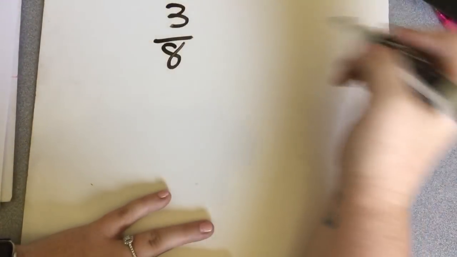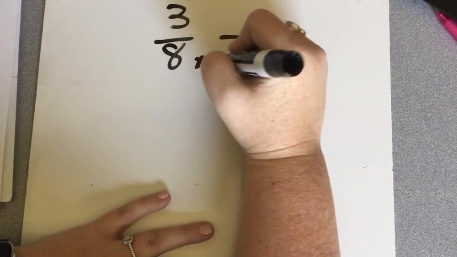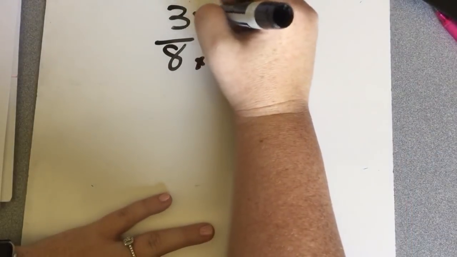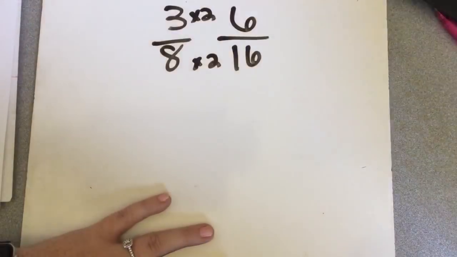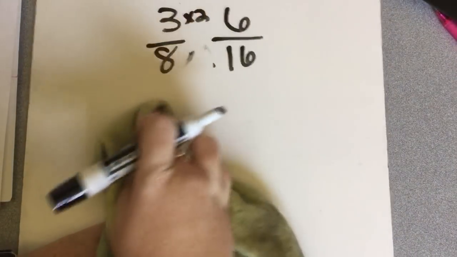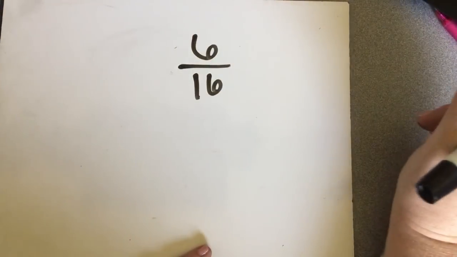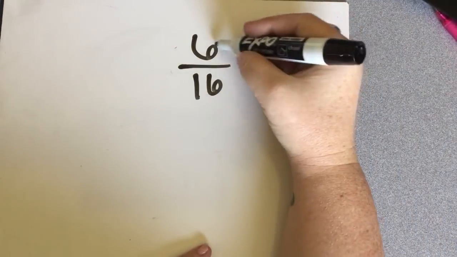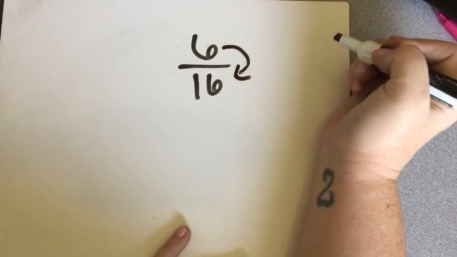So if I write the fraction 3 out of 8, in order to get my whole, which is 16, I have to multiply this by 2. So now I have 6 out of 16 are red. Then if 6 out of 16 are red, I know that I can subtract this number from this number to get my blue.